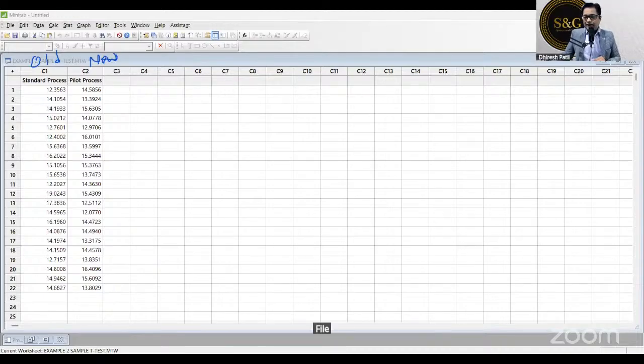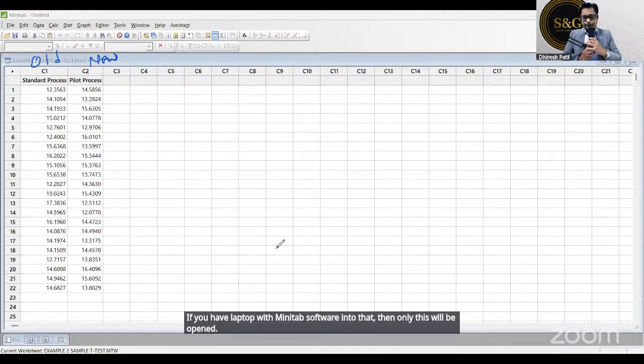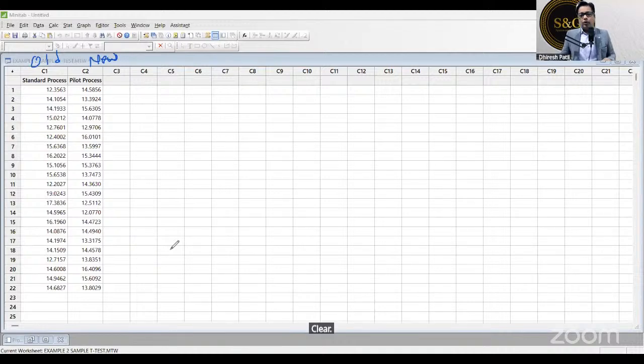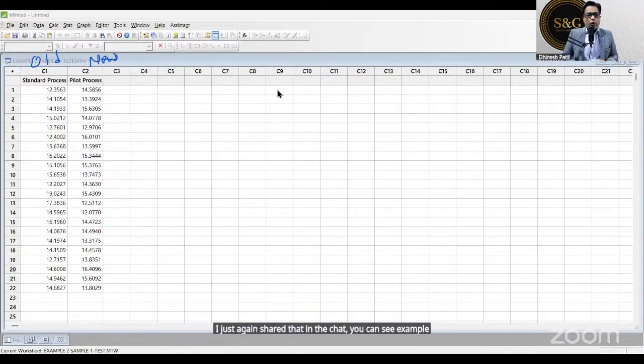The file is there in the chat. If you have a laptop with Minitab software, only then this will be opened. Clear? It will not open on mobile, okay? I've just again shared that in the chat. You can see example 2 sample data. Now, old and new samples.